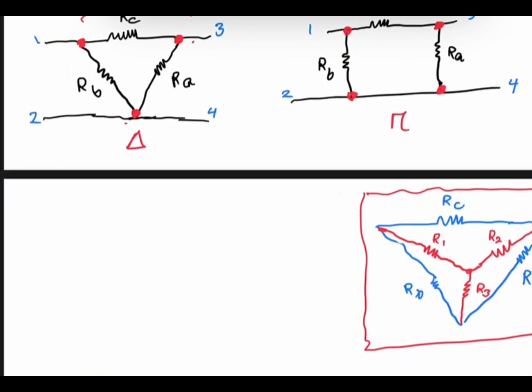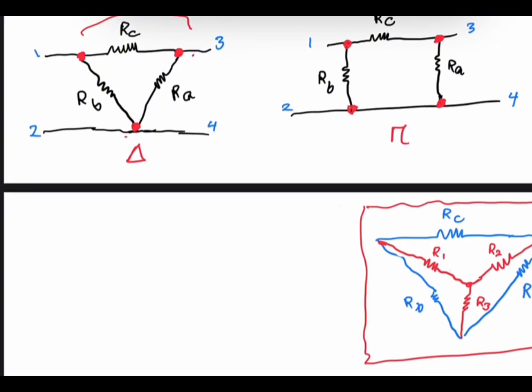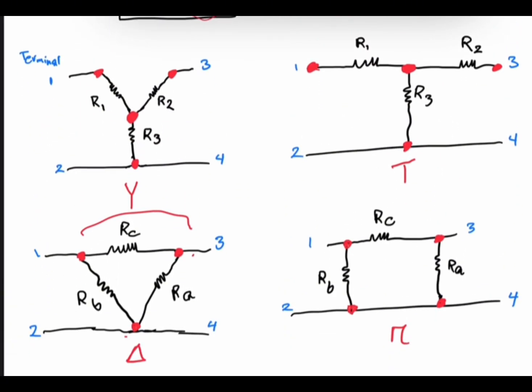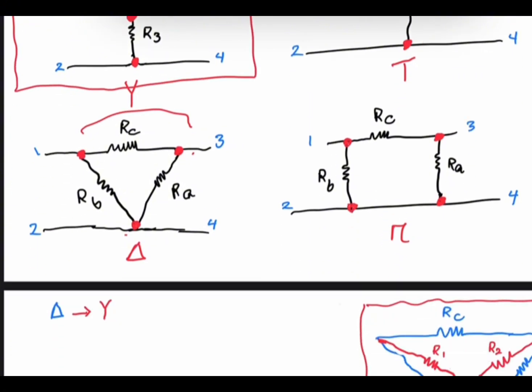Now our aim is to do the transformation from the delta network, which we show in blue, to the Y network, which we show in red. Now, assume that we have these resistors connected in the Y configuration.